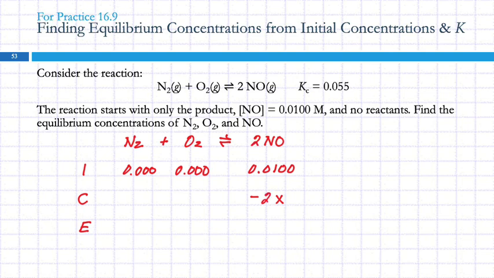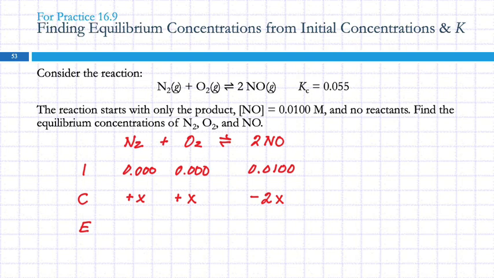It's going to decrease by 2x, and then how is N2 going to increase? By 1x, and oxygen by 1x. So your changes, you're going to use x and whatever coefficient is in front of that chemical species.